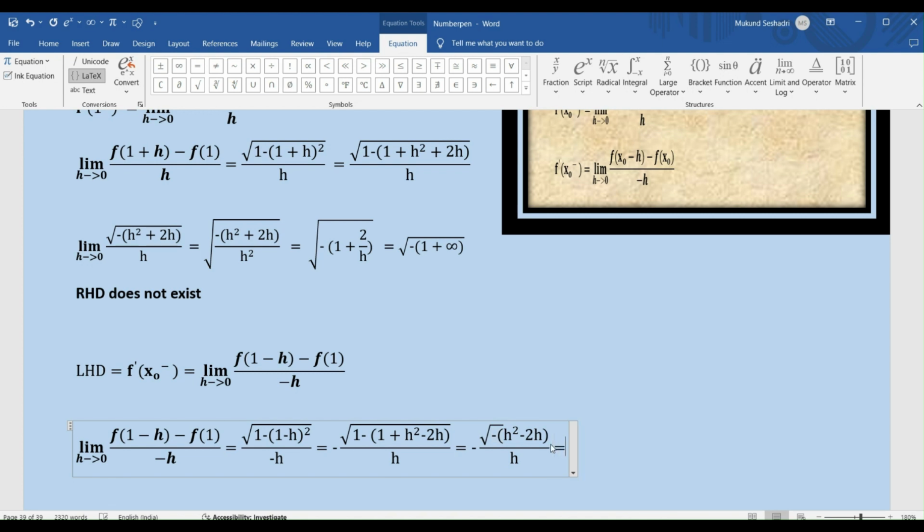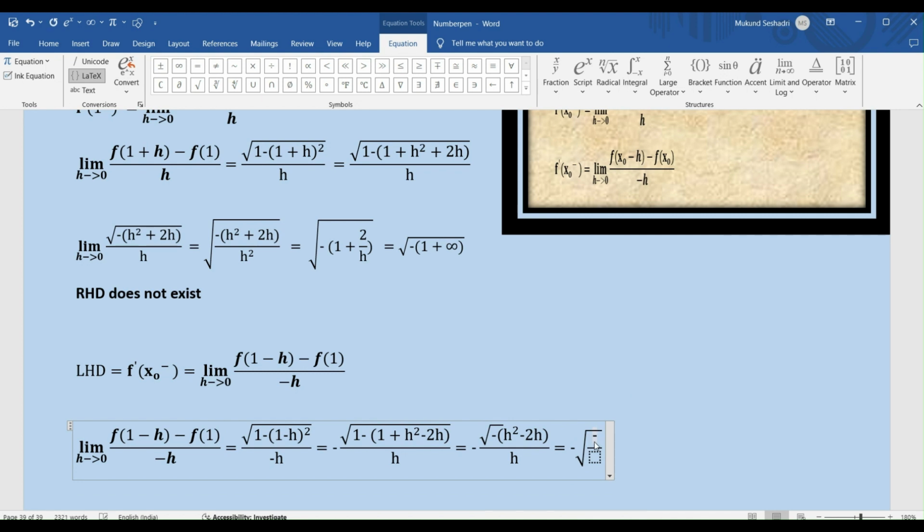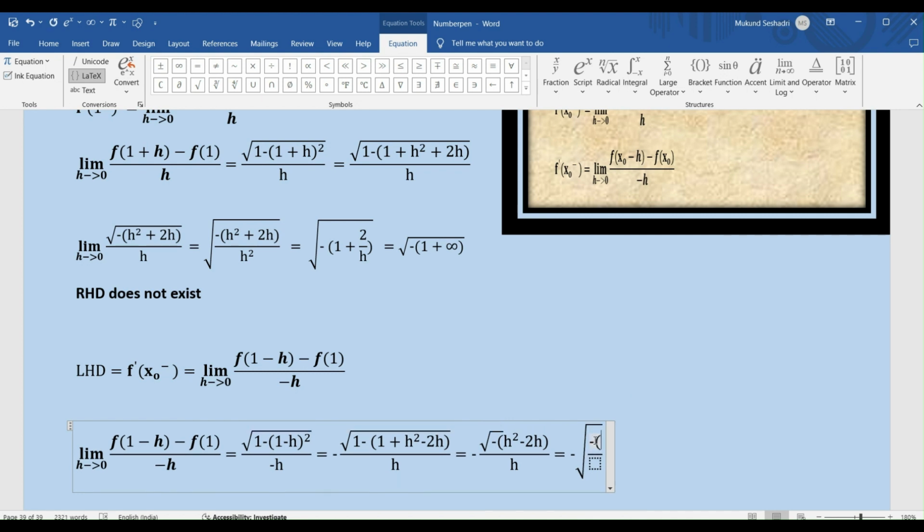So let me rewrite this like we did in our previous problem. I can comfortably take my h inside. I still have my minus sign outside, and I have my h inside now, right? So I will be left with a minus of h square minus 2h divided by h square, right?